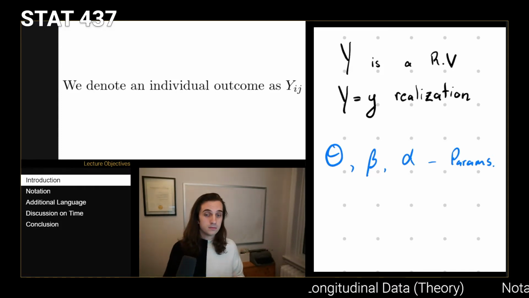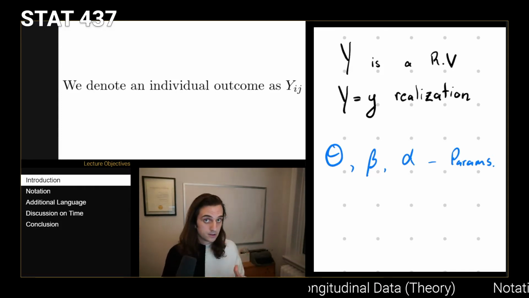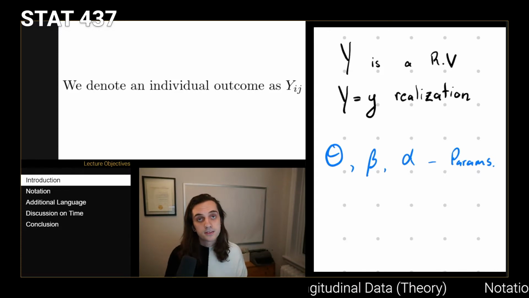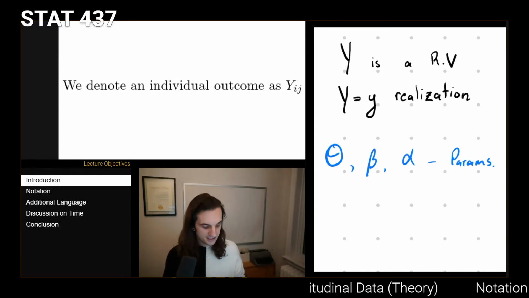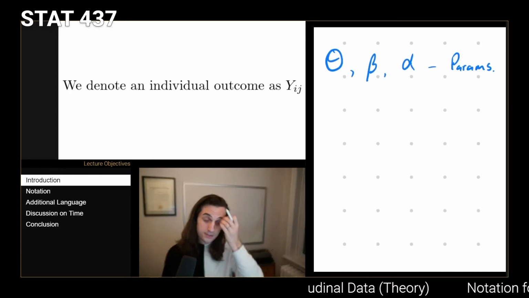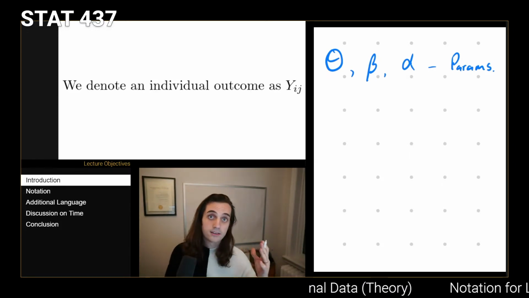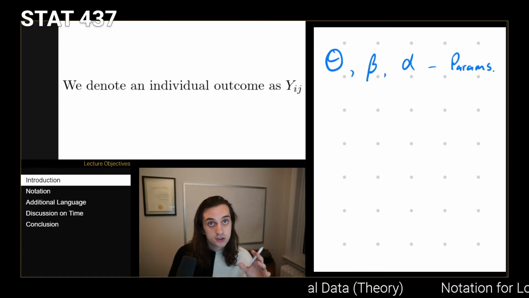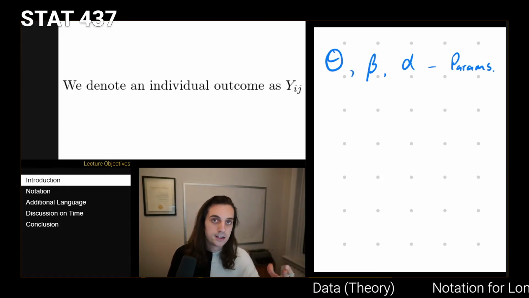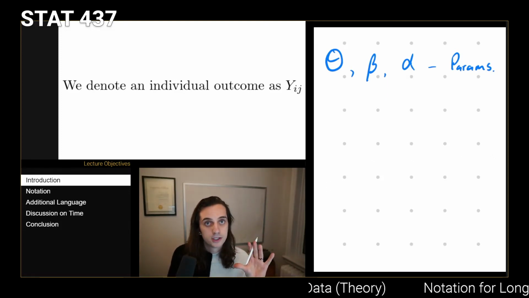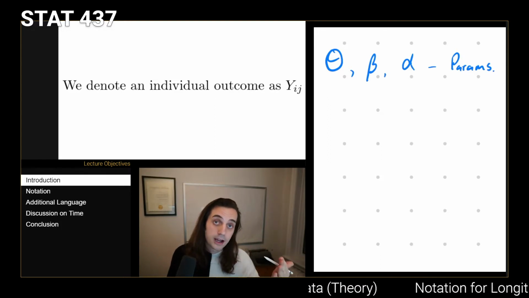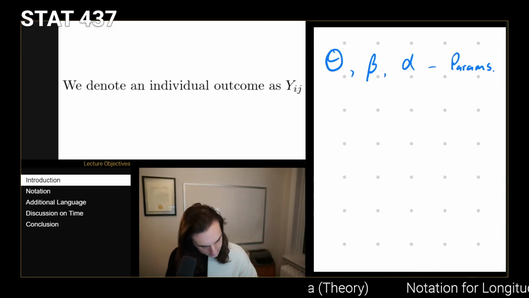So in terms of longitudinal data specifically, the one piece of information that distinguishes it from what we might be used to looking at is that we have indexing over not just the subjects in a study, but also indexing over the different time points that are involved in this study.